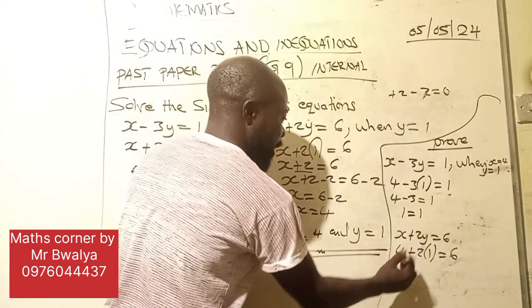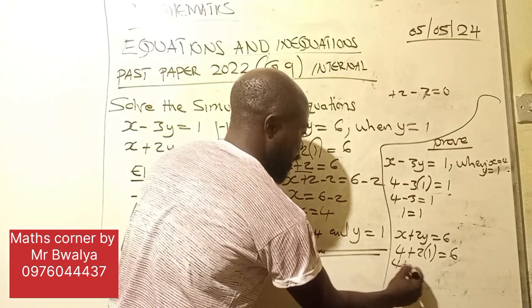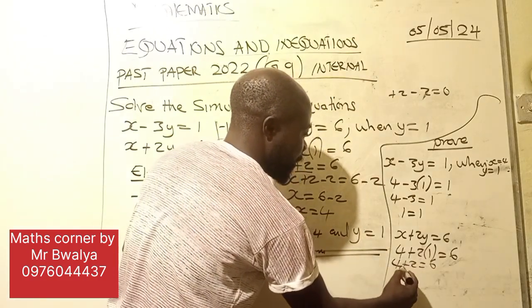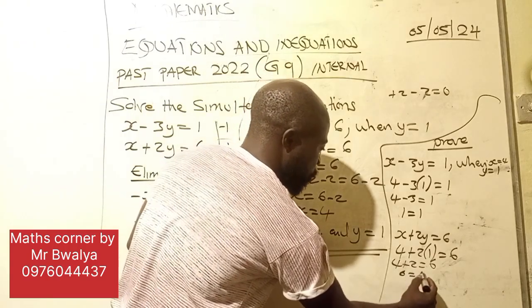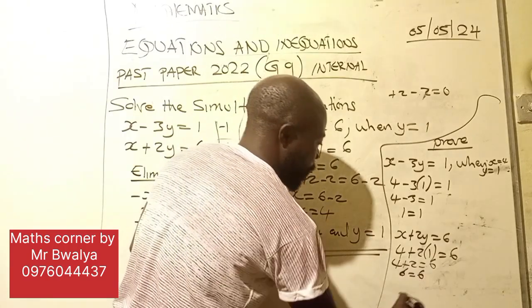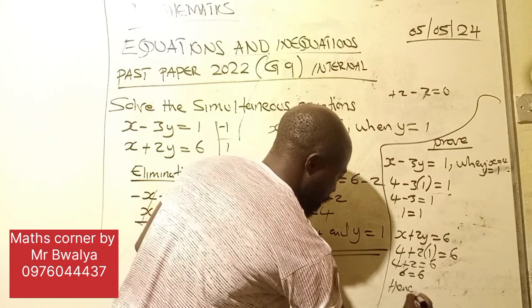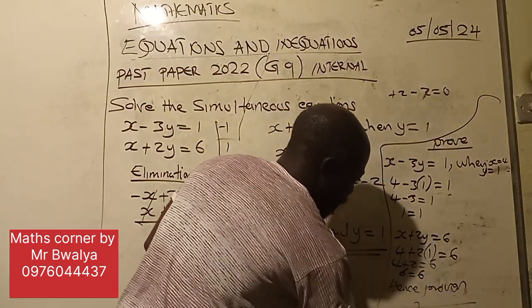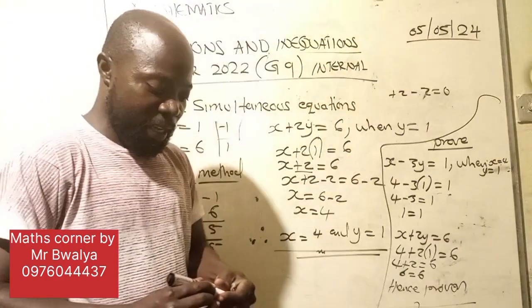Therefore, 4 plus 2 times 1, which is 2, is equal to 6. Then 2 plus 4, which is 6, is equal to 6. Hence, proven. You are done. That's how simple it is.